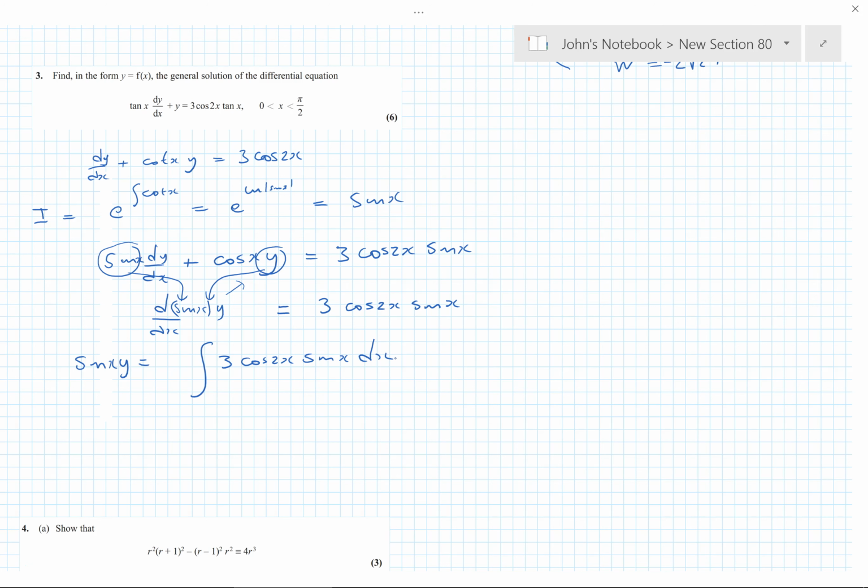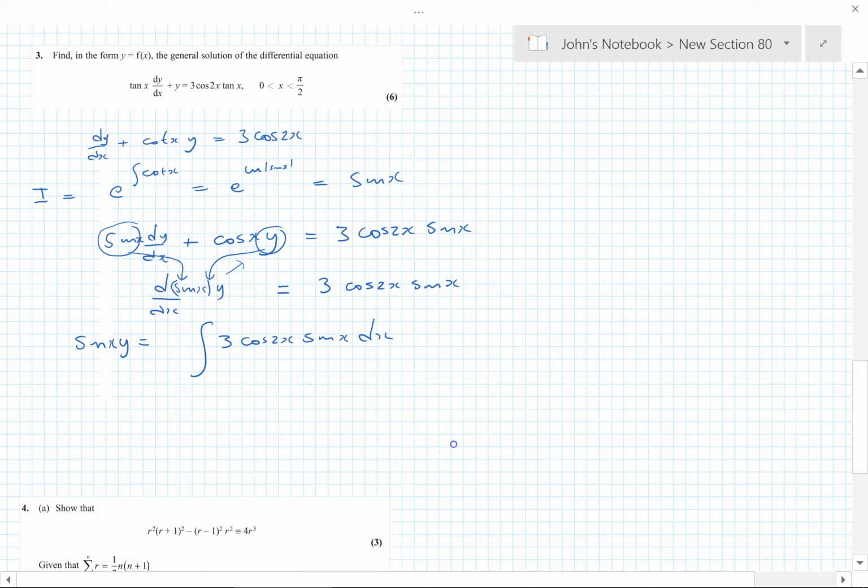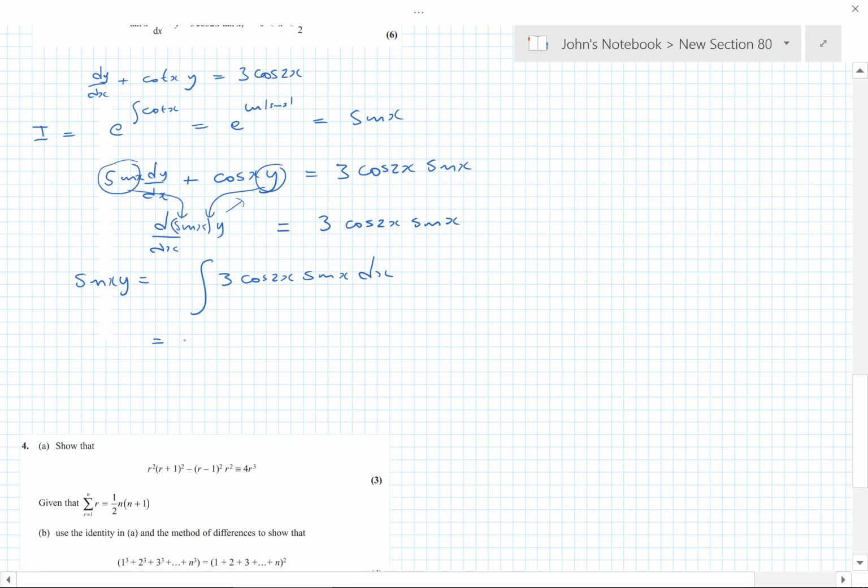I might be tempted to expand this out: 3, and I'm going to expand cos 2x as 2 cos squared x minus 1, times sin x dx, which is equal to the integral of 6 sin x cos squared x minus sin x dx.